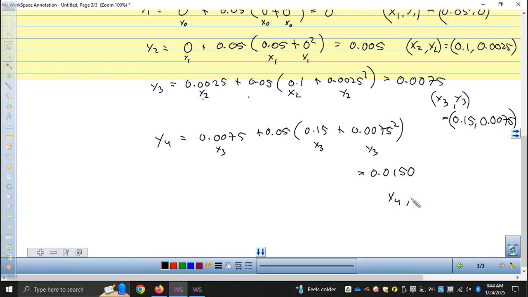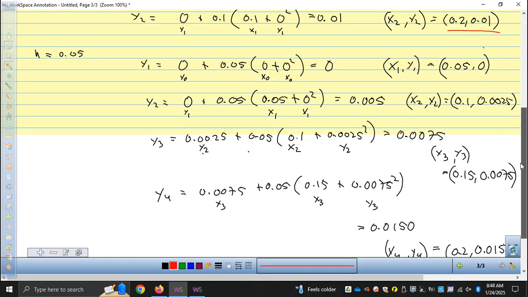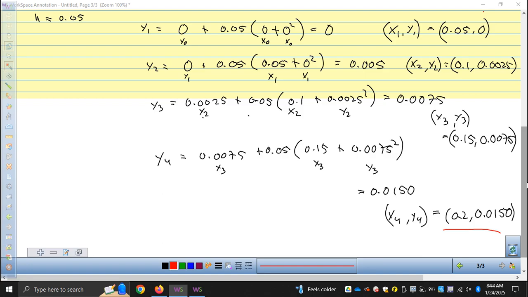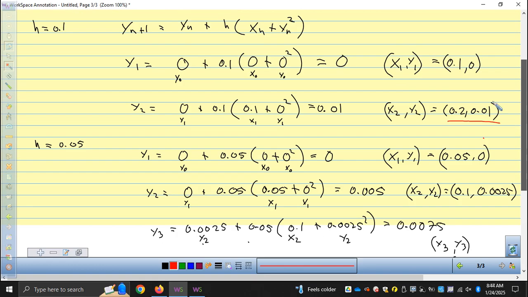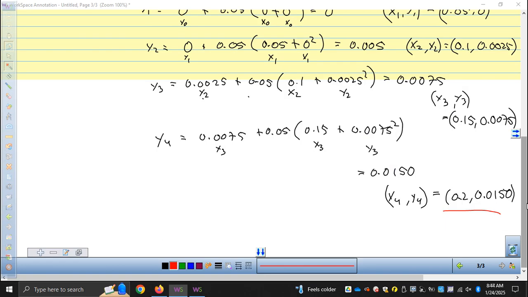So our final value, x4, y4, is 0.2, 0.0150. And that's our approximation using h equals 0.05. So I get another decimal point in our approximation.